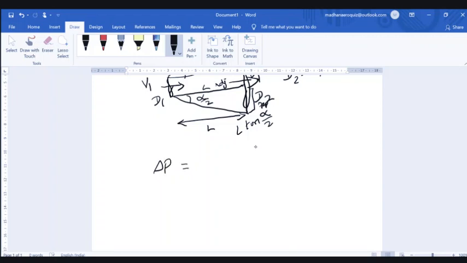So delta P in general is half rho V square. Since it is incompressible flow, we are treating the density as constant throughout the medium. And then what happens to the velocity?